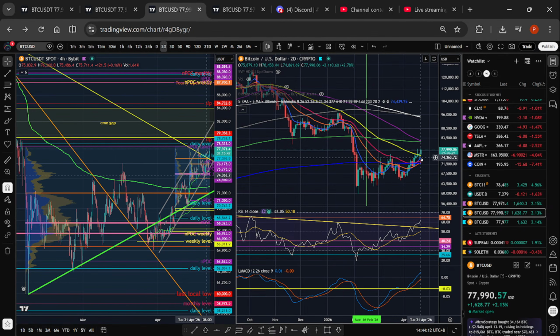Look at this here, we want to see this come up. We've come up all the way up to touch this green EMA here, but you want to see it do its move around here somewhere in a short. So then that'll play out that trend line.